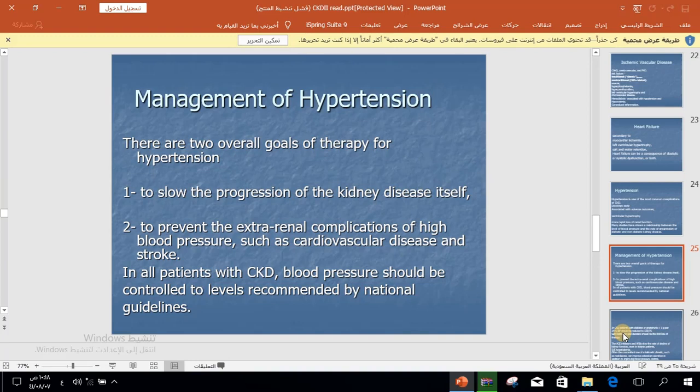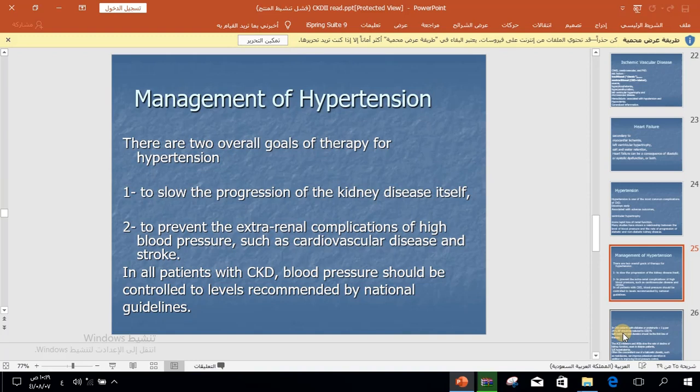complications. The management of hypertension is both pharmacological and non-pharmacological, by salt restriction and by medications. Mainly we use ACE inhibitors or ARBs to treat hypertension in case of CKD, but we have to keep an eye on two things: creatinine not to rise more than 50% and potassium not to go above 6.